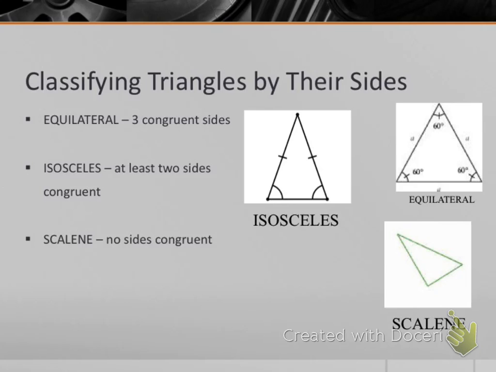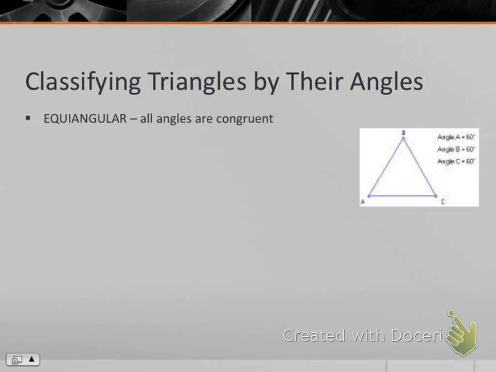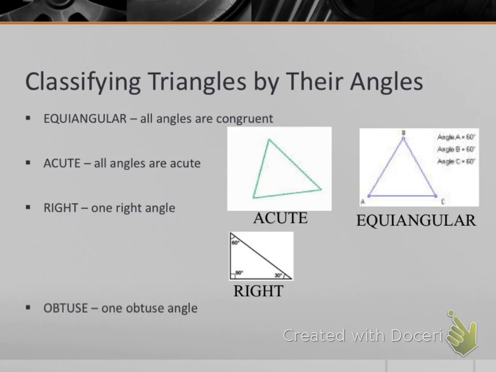Now we're going to classify according to the angles. We have equiangular, all three are the same. Acute, all angles acute. Right, one right angle, and obtuse.